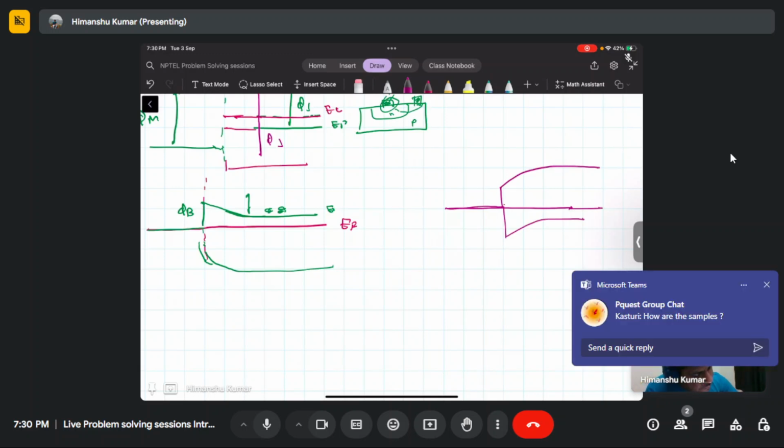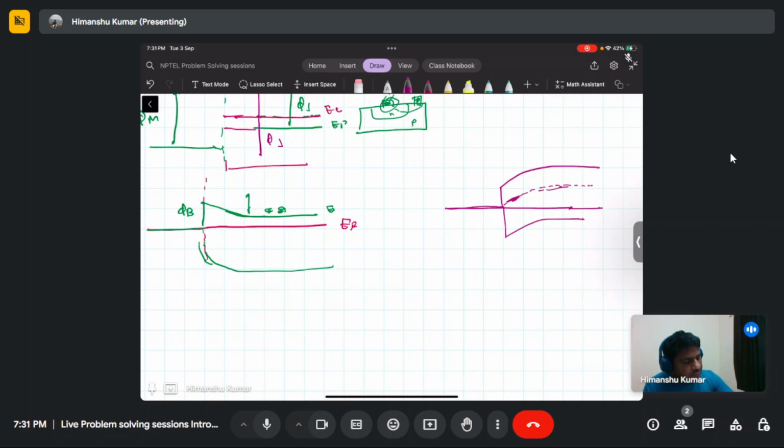In the bulk, this will be the Fermi level.